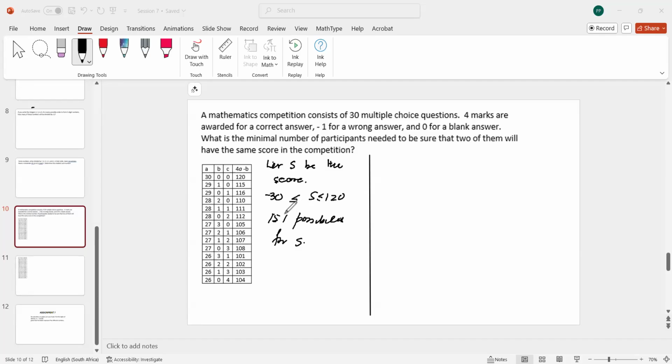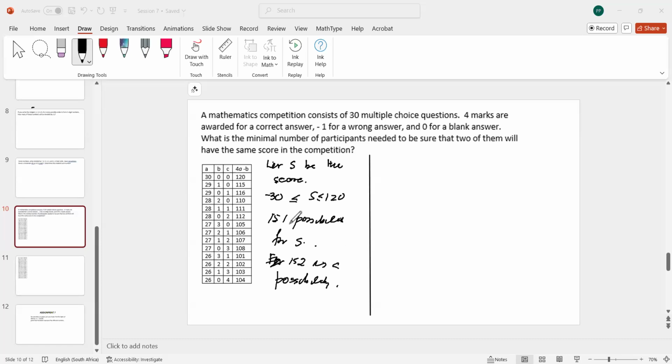So if you've got 151 possibilities for S, then if there are 152 people writing, there must be 2 scores which are the same.